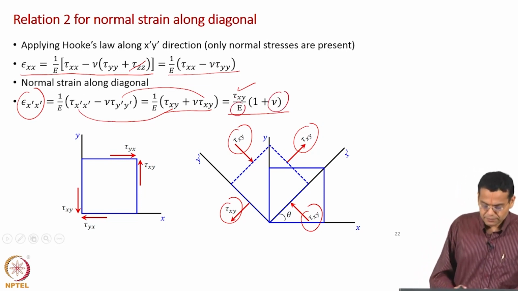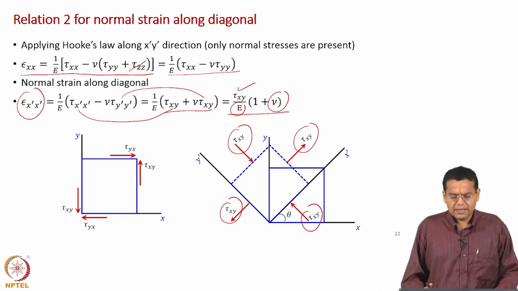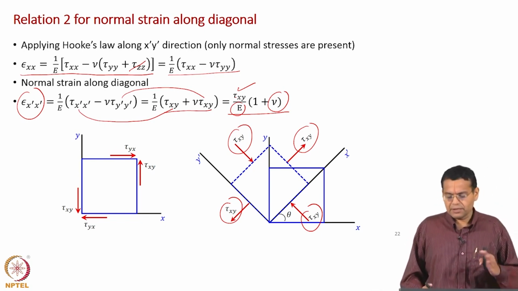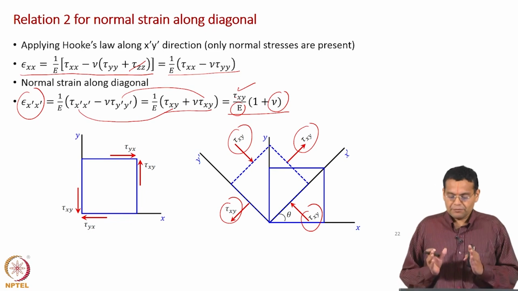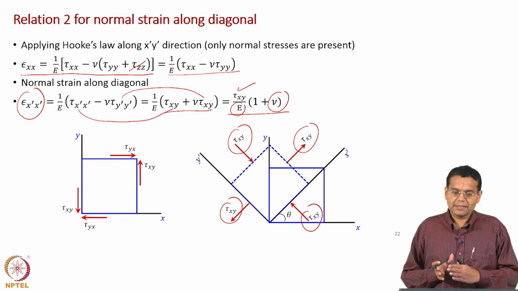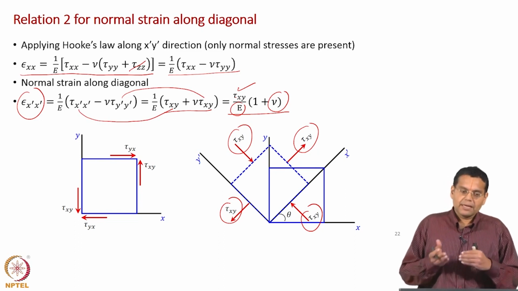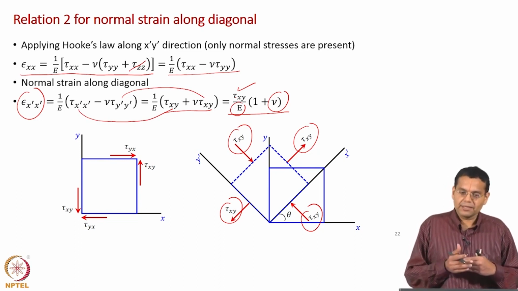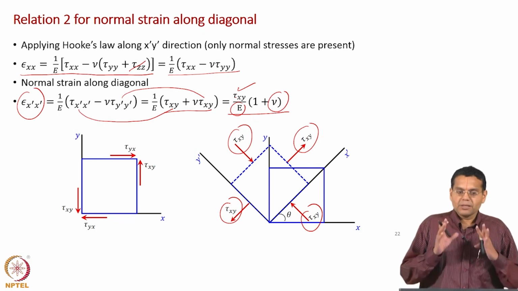Okay. So, just to summarize this slide, first in the previous slide we had a stress element subjected to pure shear stress. We proved that is equivalent to an element which is rotated by 45 degrees subjected to pure normal stress.